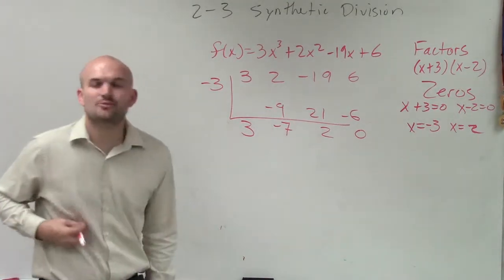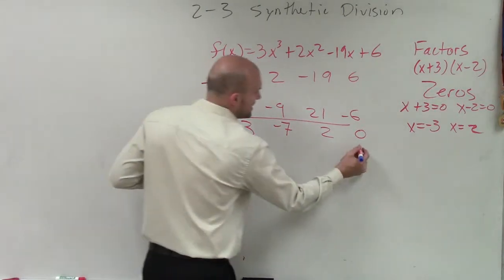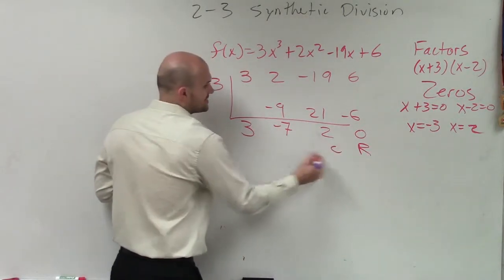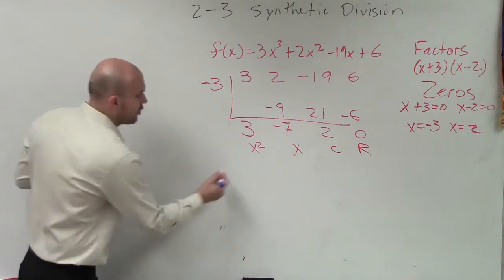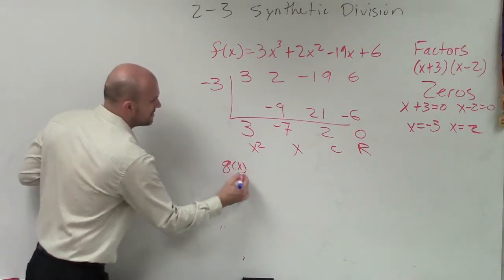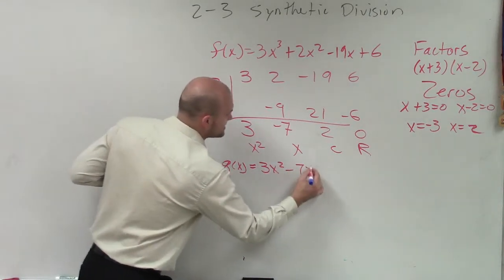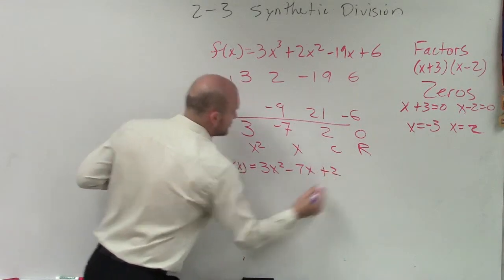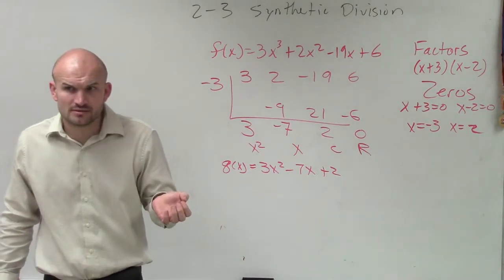Okay. Now let's go back and talk about this. First of all, we know that this is our remainder. Here's our constant, linear, and quadratic. So if I was going to say my quotient, my q of x, I would say that q of x is 3x squared minus 7x plus 2. Yes? And q of x times what gives me my function?